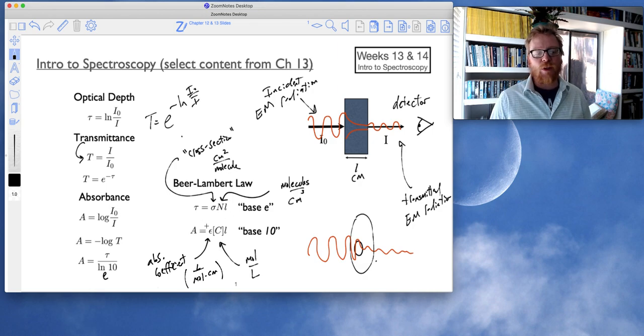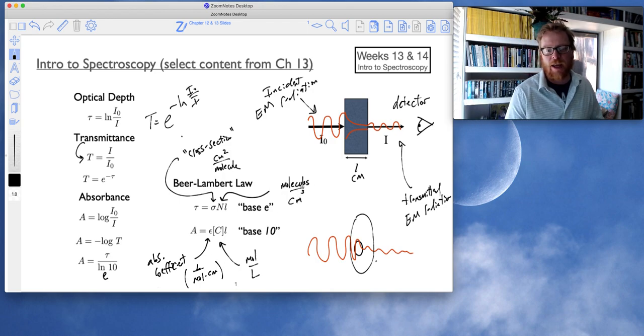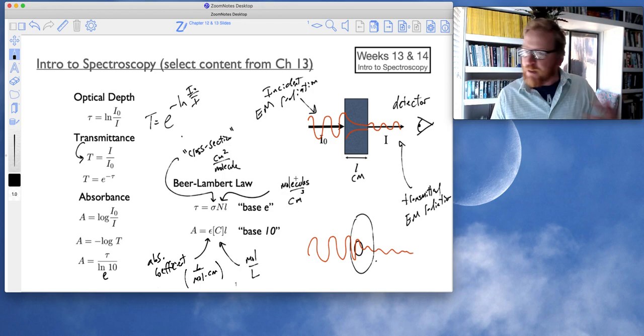But if we wanted to relate that absorptivity coefficient to the actual physical parameter, the cross section, then we'd have to consider this base e. If I do the algebra here, assuming that my concentrations are the same, we know that we have different concentration units, so there is going to be a factor of Avogadro's number and the conversion of cubic centimeter to liter.